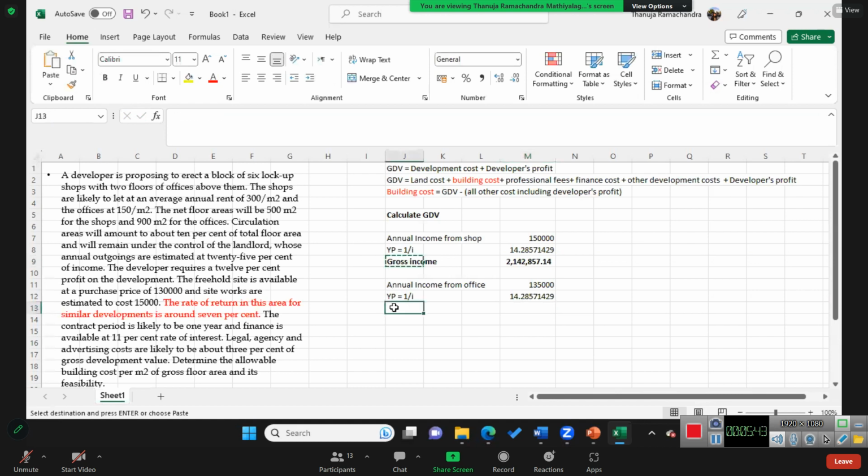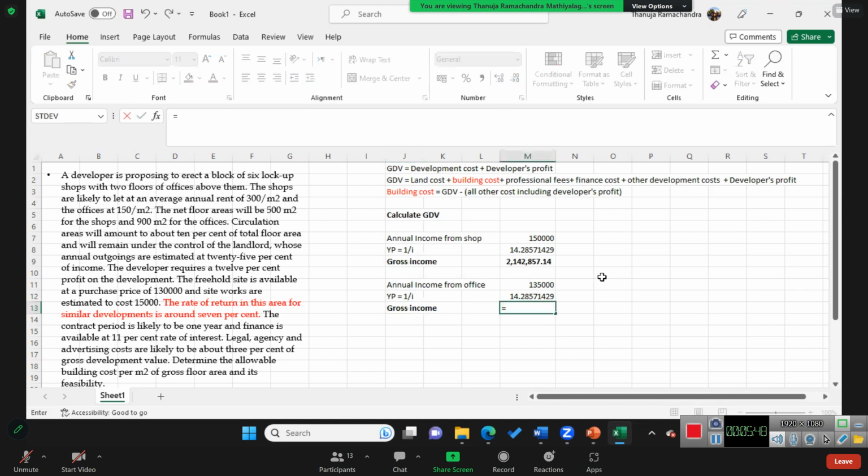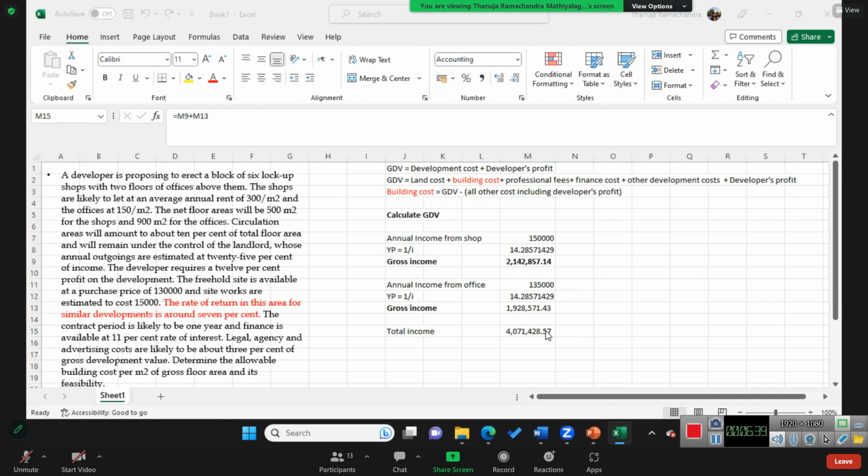So we can get the gross income from the office as, okay, so that is coming as 4 million something.